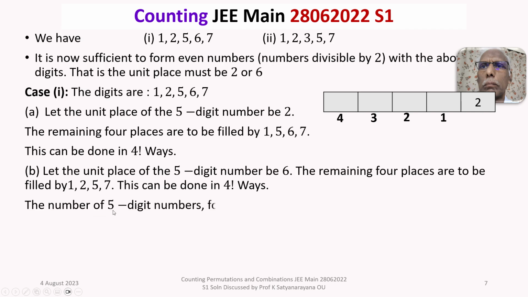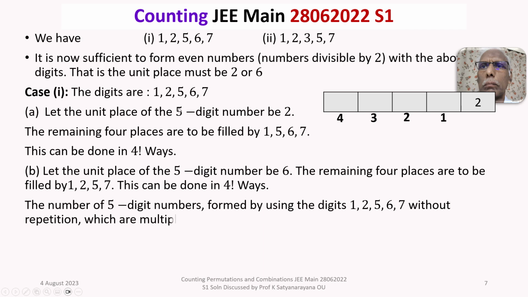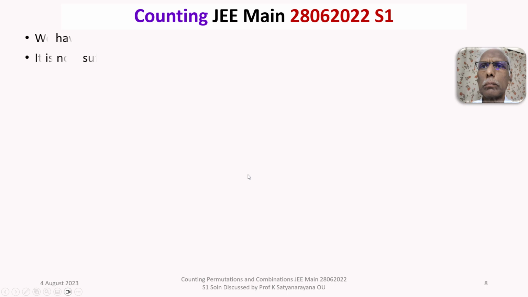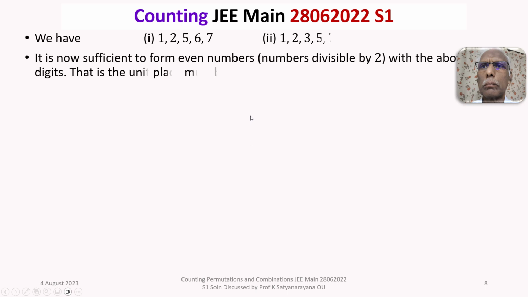So the number of 5-digit numbers formed by using the digits 1, 2, 5, 6, 7 without repetition, which are multiple of 6, is factorial 4 plus factorial 4, which is equal to 48. This is by the sum rule of counting. So in case 1, we got 48 ways. We continue in the next slide for case 2.